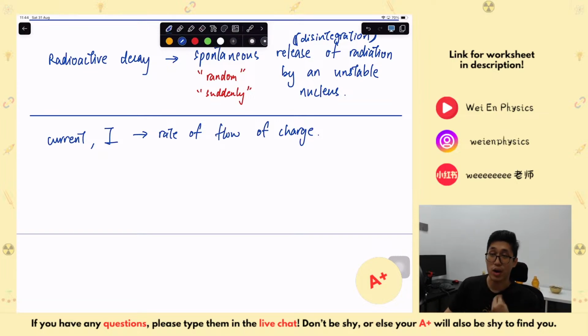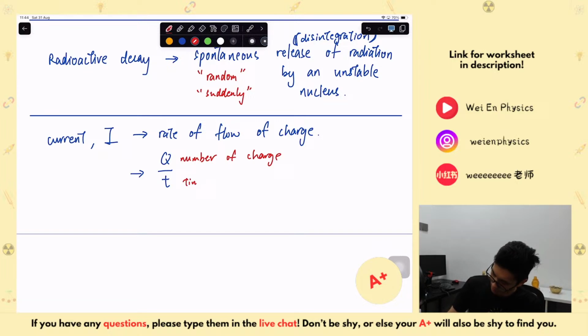Which means if I want to calculate current, I can use Q over T. Q means the amount of charge, and T is time. Rate of flow of charge, that is the meaning of current actually.